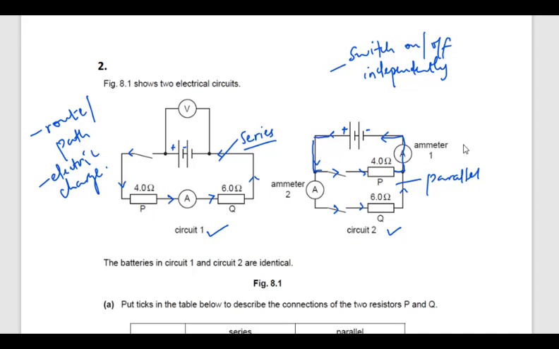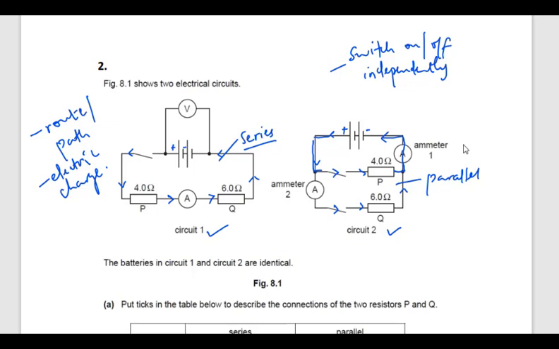It means that they can be switched on independently. Also, if one of these electrical components is faulty, let's say one of the heaters is faulty, the other one keeps on working because they are in parallel connection.